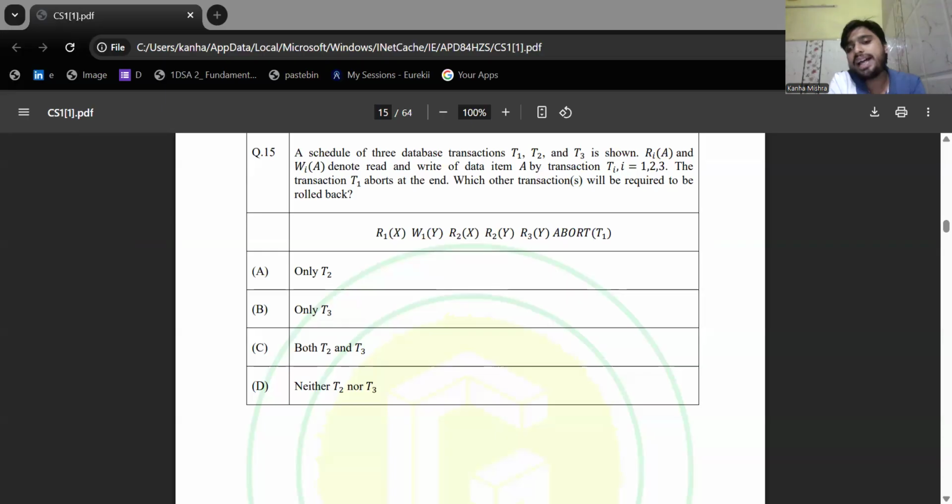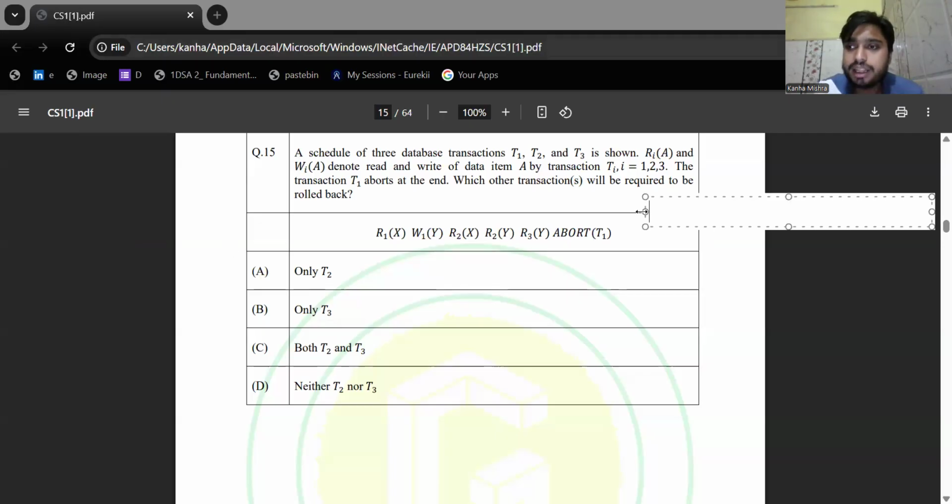As you can see, there is some sort of dependency coming up. In which cases does dependency come up? Let's understand that. In those cases when a particular transaction writes a value, then another one reads it. One transaction writes the value and another transaction reads that value.